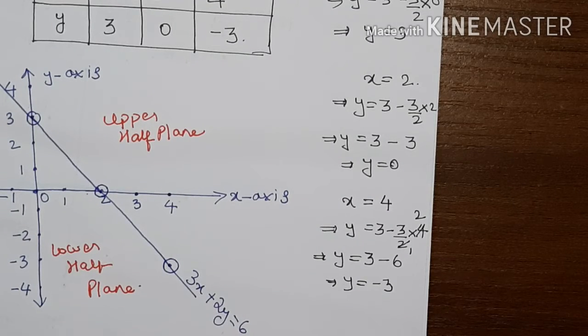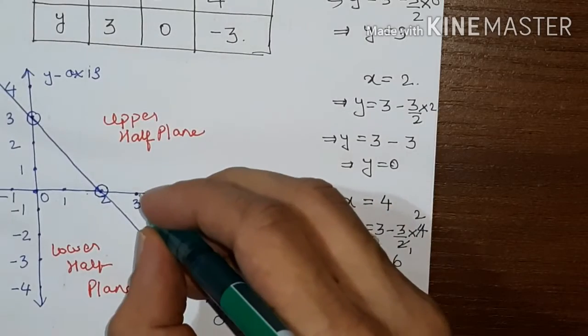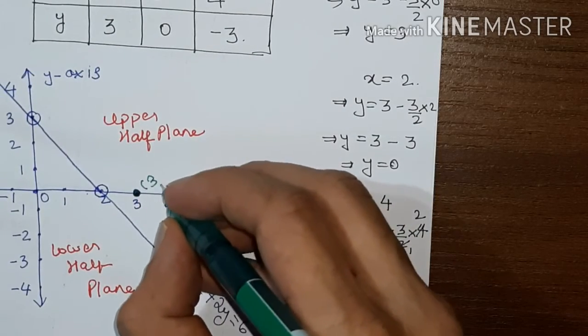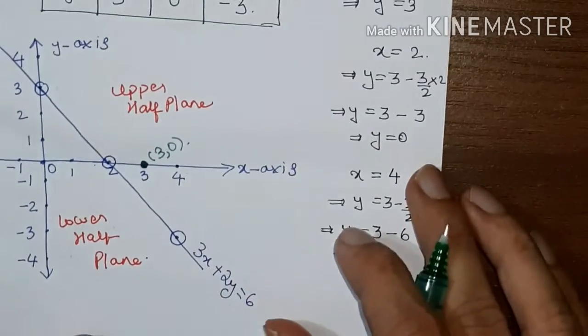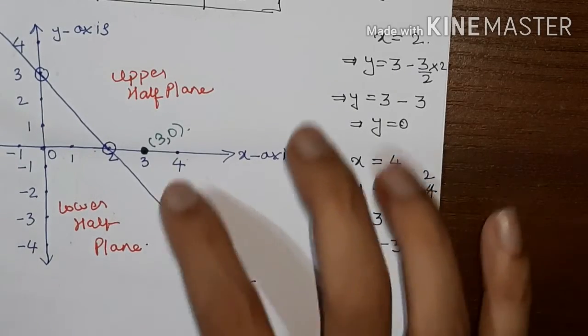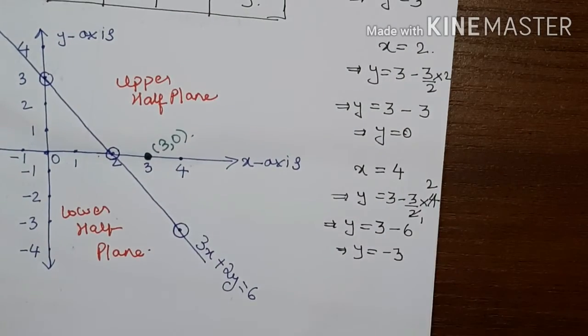Now what I'll do is take the point in the upper half plane. I'll take this point, that is 3 comma 0. I'll take this point here, and substitute it in the left hand side of the inequality, right?